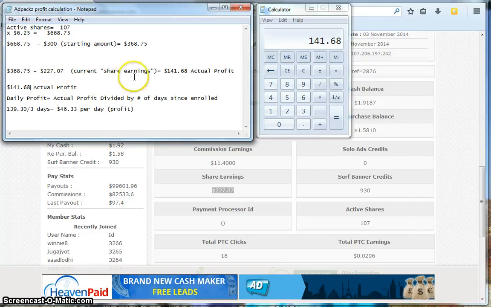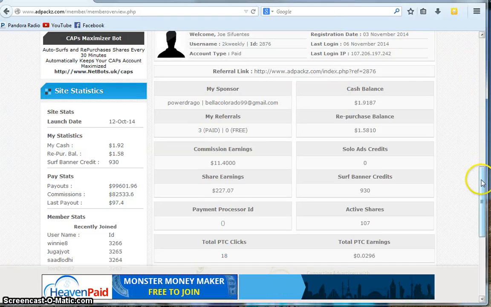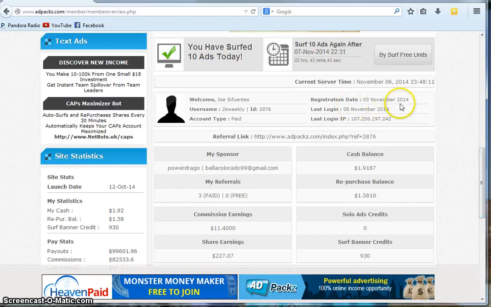Now, to take it one step further, if you want to calculate what your daily profit is, in this scenario, I joined 3 days ago on November 3rd. It is November 6th, as you can see right here, last login, which just happened a few minutes ago. That's 3 days.